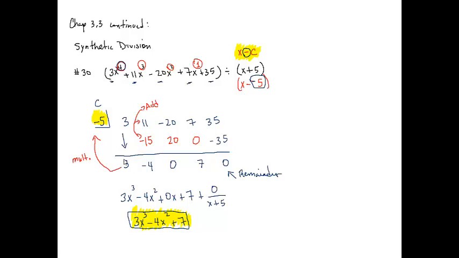Then you drop down the first coefficient, we have a 3, and then you multiply. 3 times negative 5, negative 15. And then you add. And you end up with a new result, right? And guess what you do to it? You multiply, you write it down, and you add. Get a new result. You multiply, you write it down, and you add. It's a repeating game.